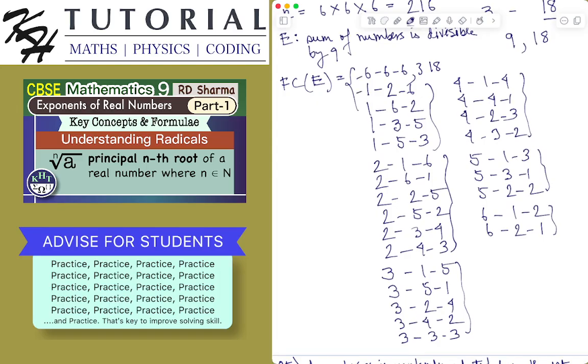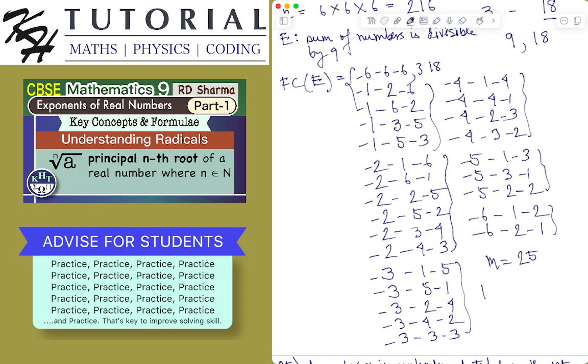1 2 3 4 5 6 7 8 9 10 11 12 13 14 15 16 17 18 19 20 21 22 23 24 25. So M is 25.